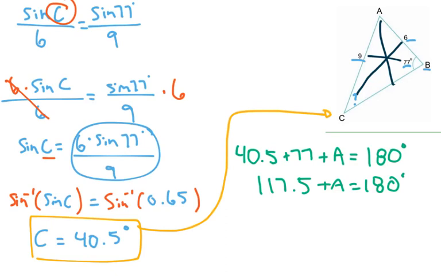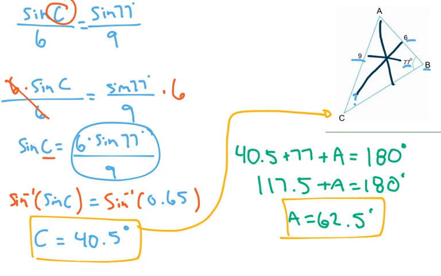Subtracting 117.5 from 180 gives me 62.5 degrees. So A equals 62.5 degrees.